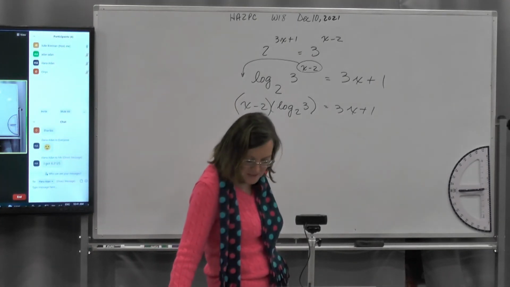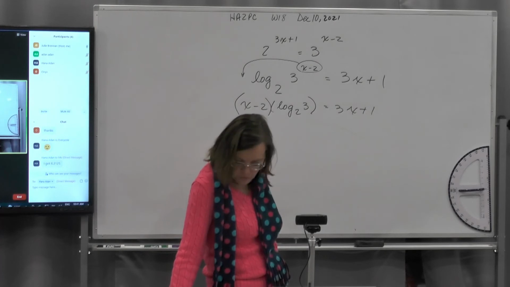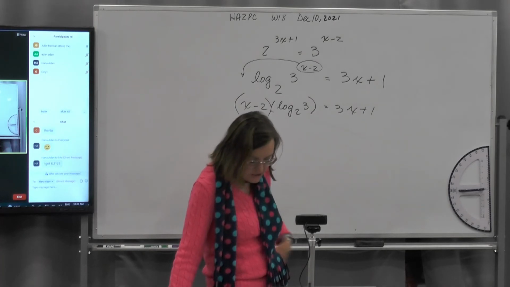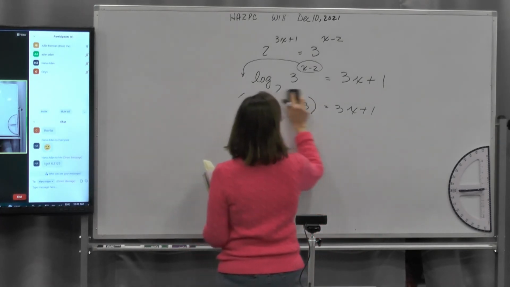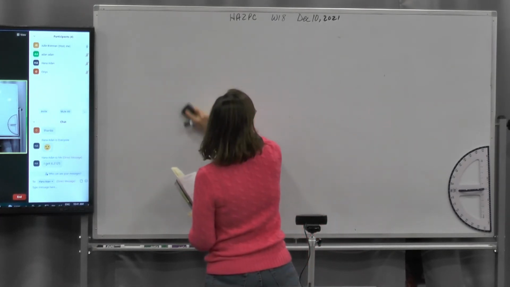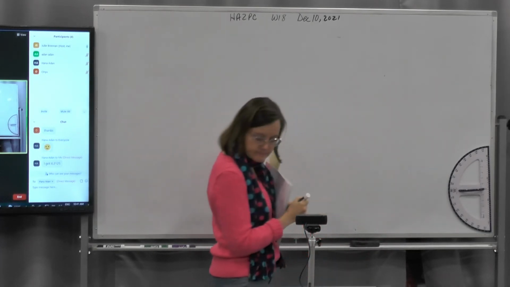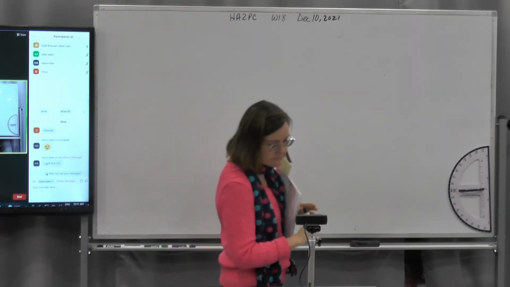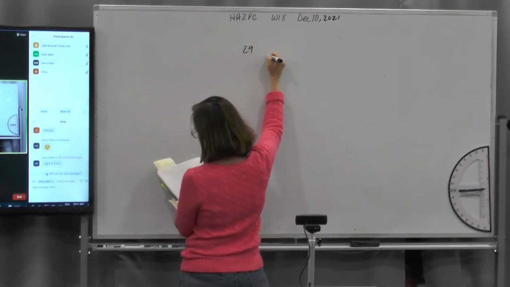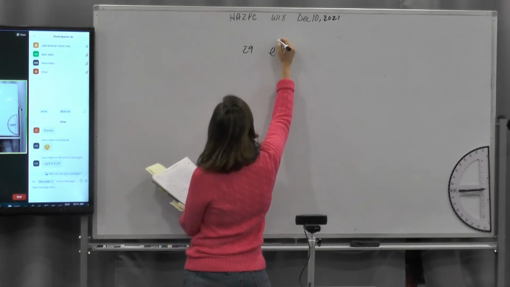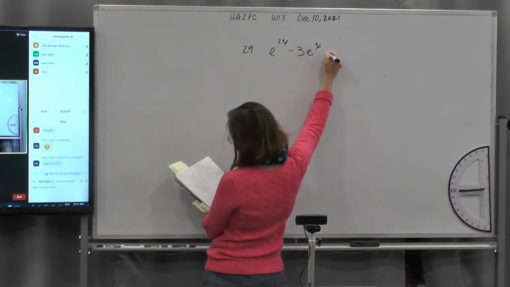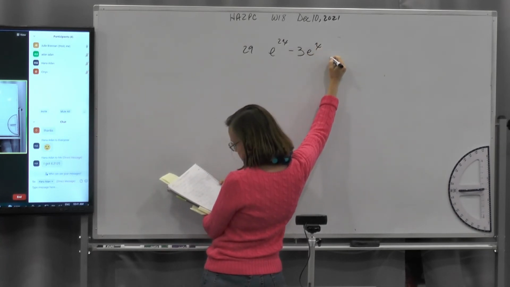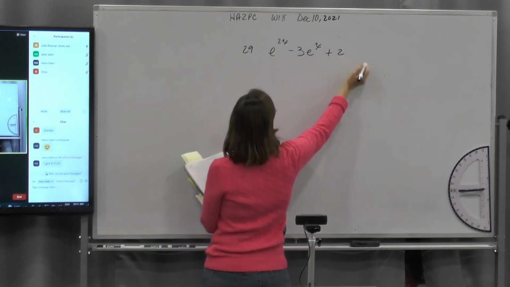I think the solution has it the book's way, and I've got another place where I worked it out another way. Let's take a look at number 29. e^(2x) minus 3e^x plus 2.